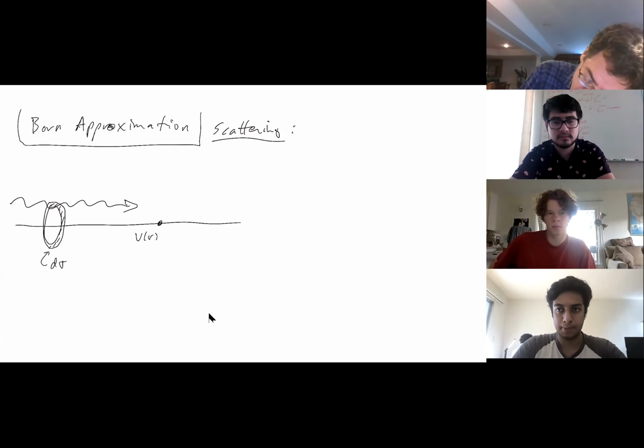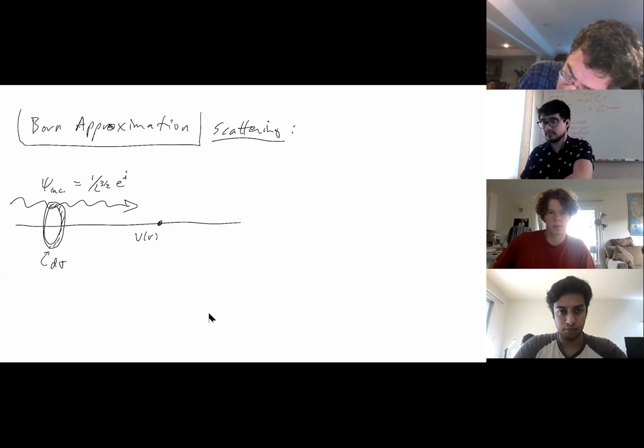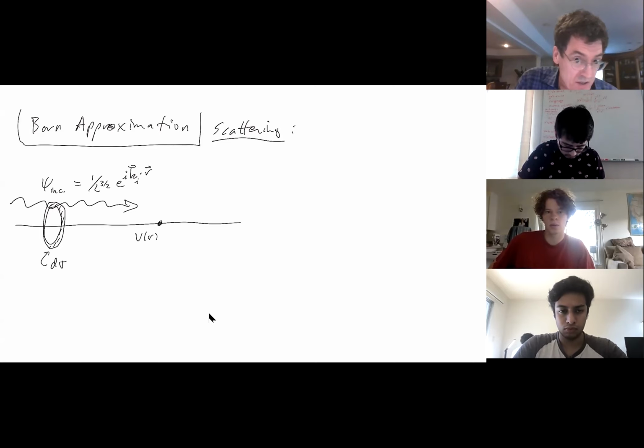It has some incident wave. This is the picture you should have in your head. That's the incident wave, and that scatters off of this potential.